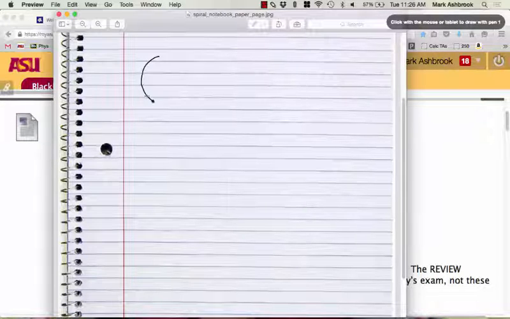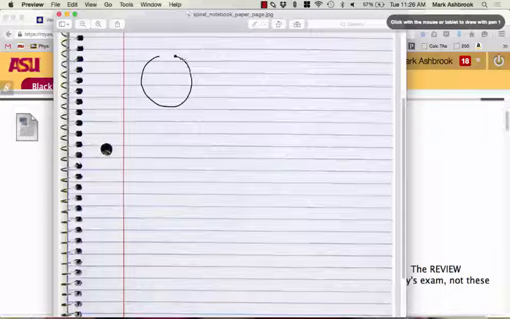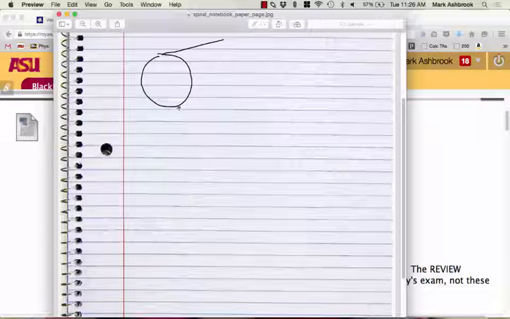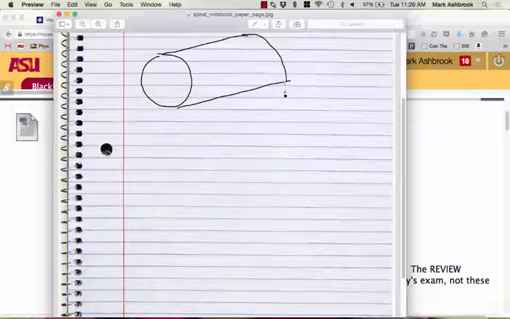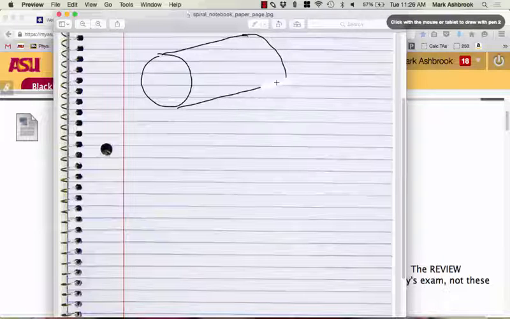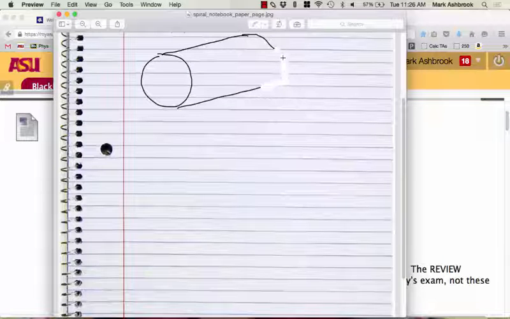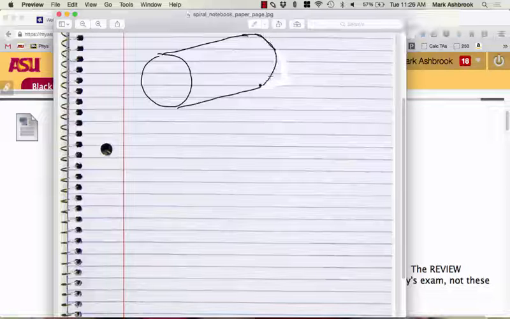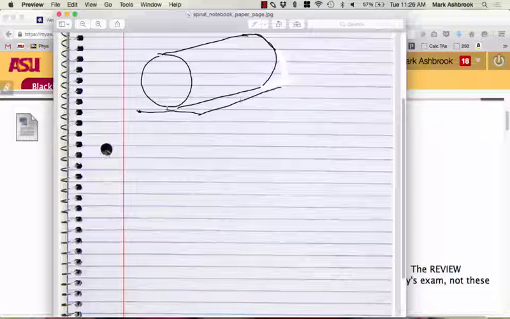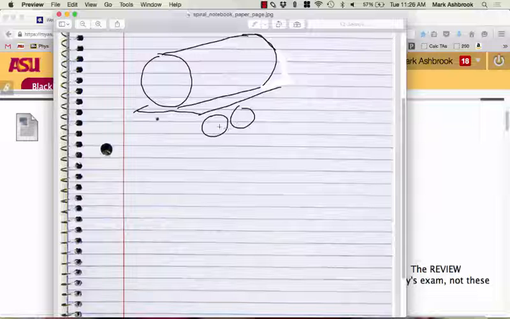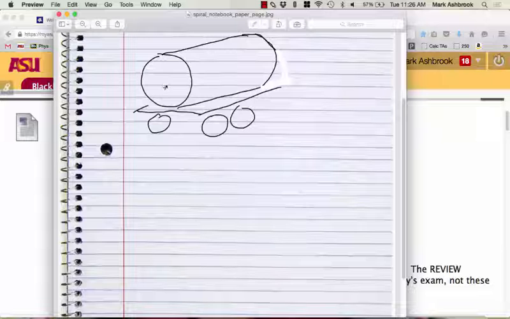So we have a tanker. Okay, so this is our tanker, and it's filled 3/4 of the height with gasoline.